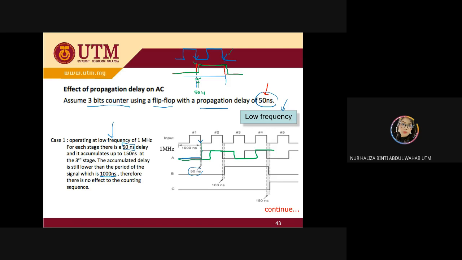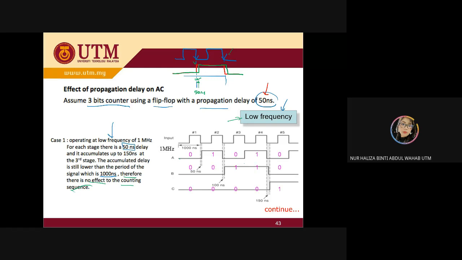You need to change at this part, but it has a delay. Your value will be affected. Sometimes it's affected because the delay is too big. But if the frequency is low, which is only small, then there is no effect on the counting sequence.